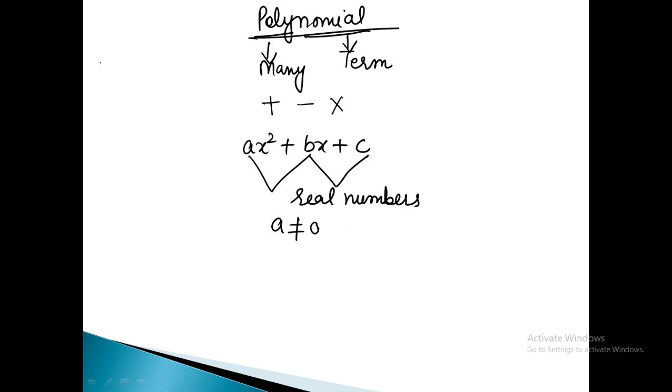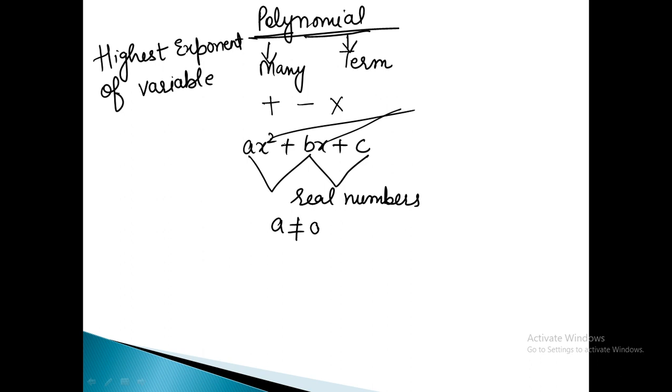The highest exponent of the variable. x square, x, these are called variables, and the highest exponent of the variable is known as the degree.